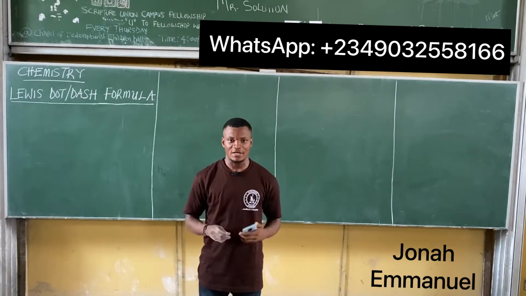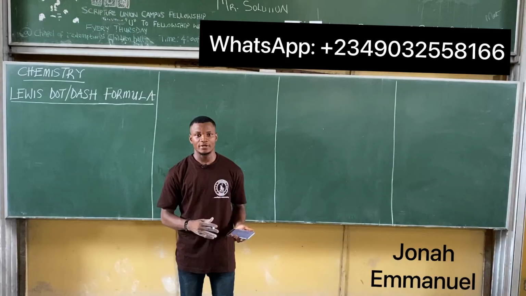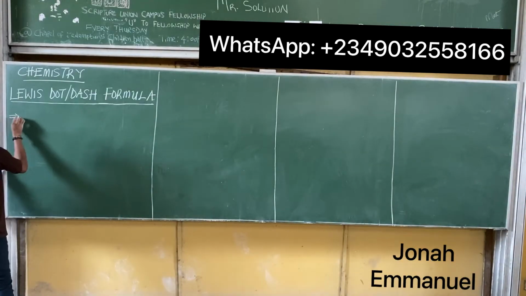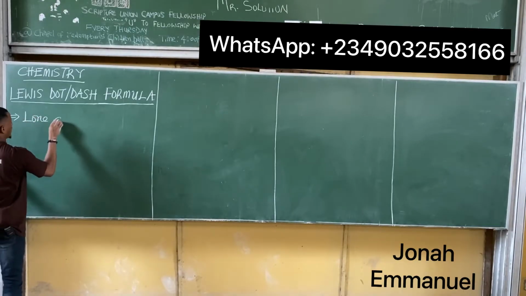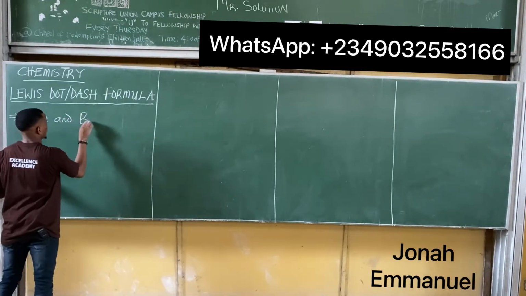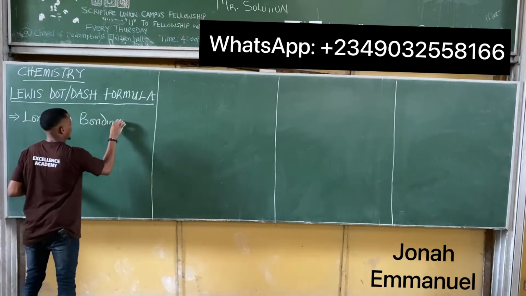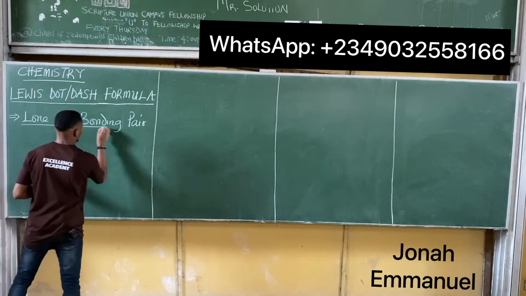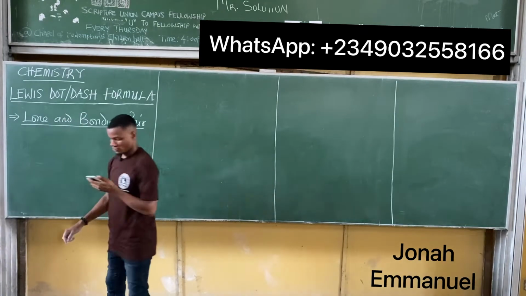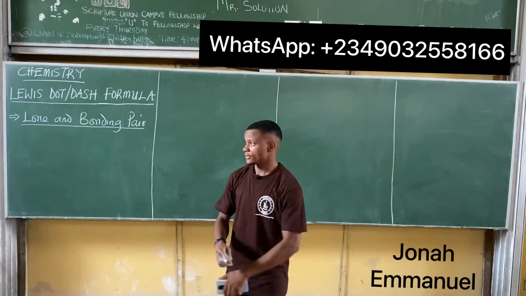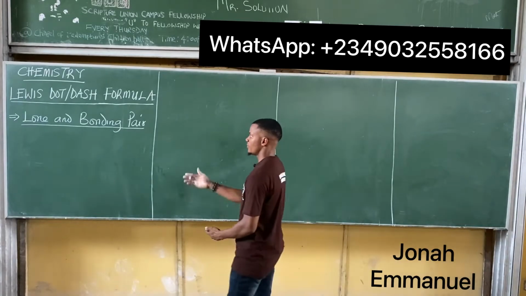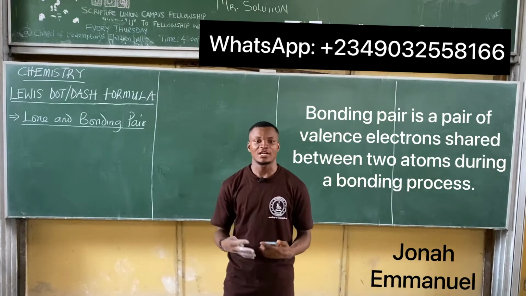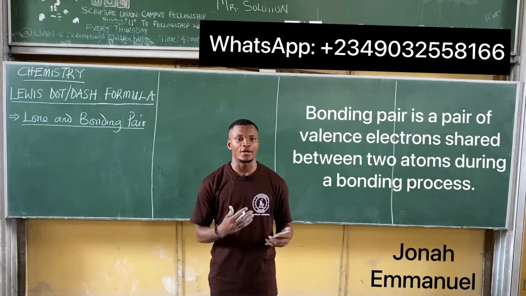For us to understand this concept, let's look at what is called lone and bonding pair. Alright, in simple terms, a bonding pair is simply a pair of valence electrons that is shared between two atoms during a combination process.